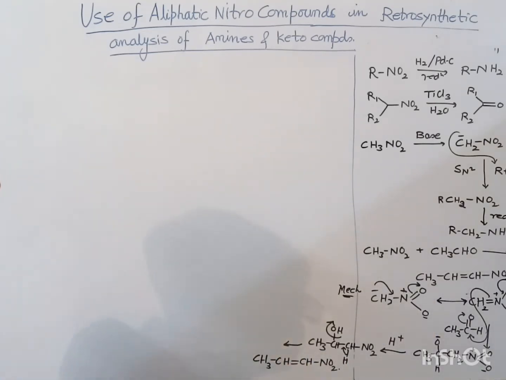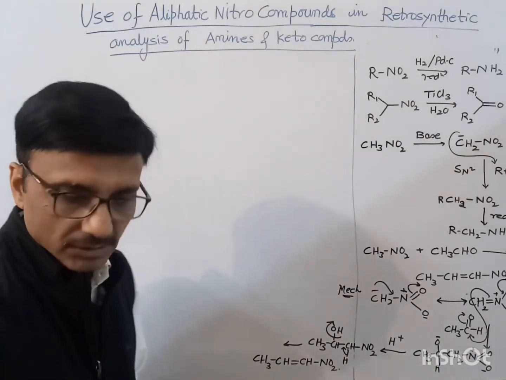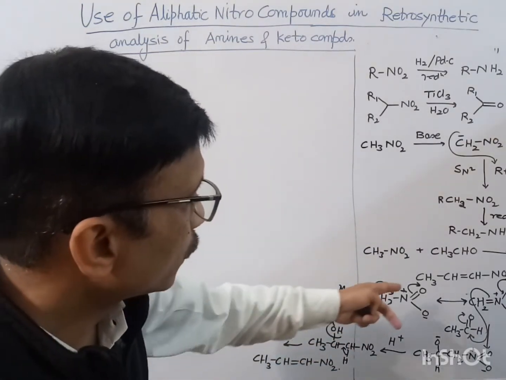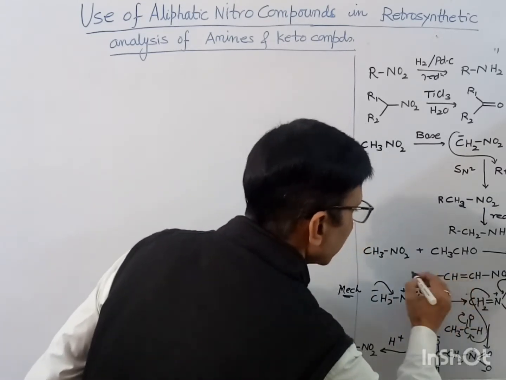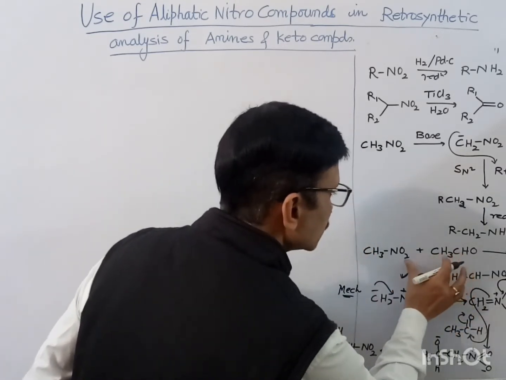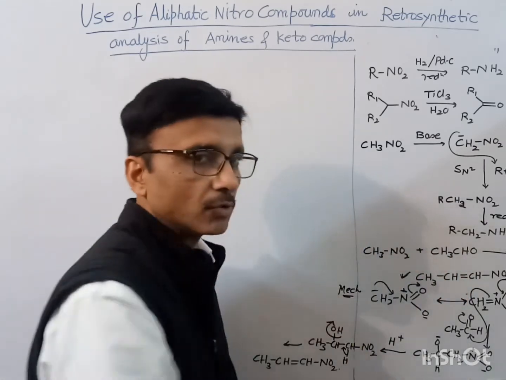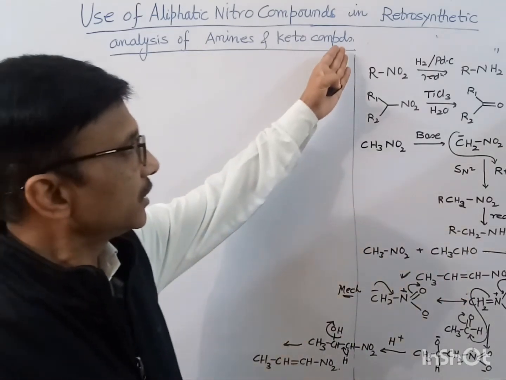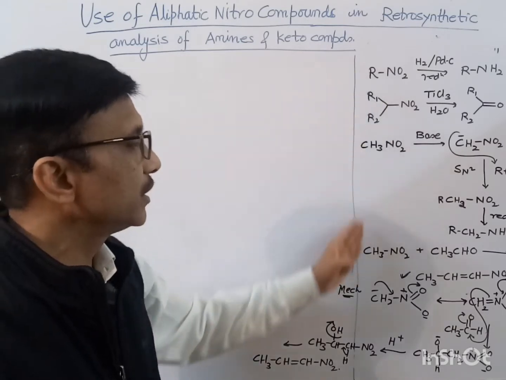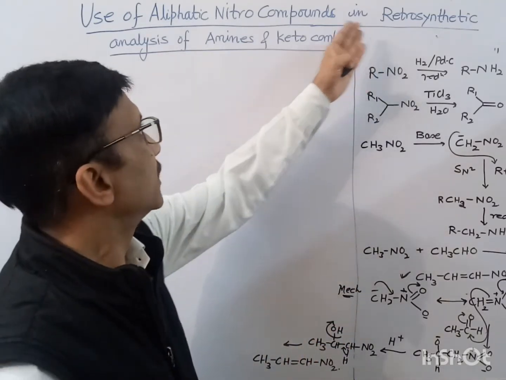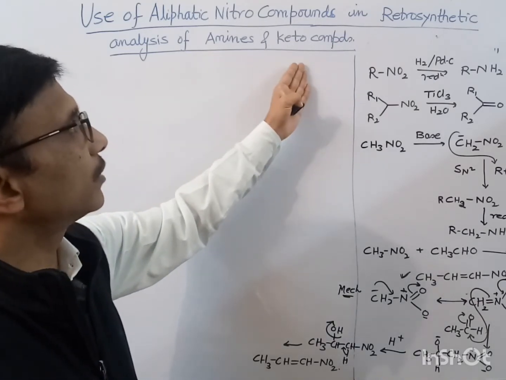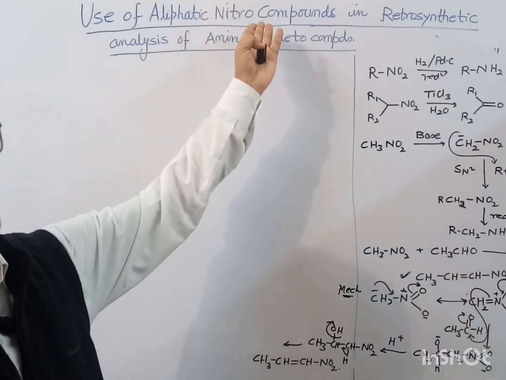So this is the mechanism, and the mechanism makes it more clear how we can convert this alpha beta unsaturated nitro compound into these two reactant molecules. These reactions should be kept in mind while writing the retrosynthetic analysis of amines and keto compounds via nitro compounds.